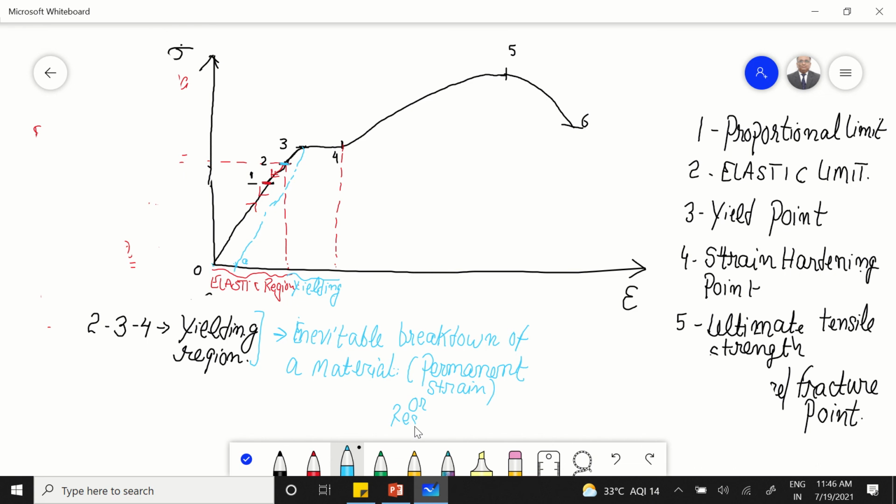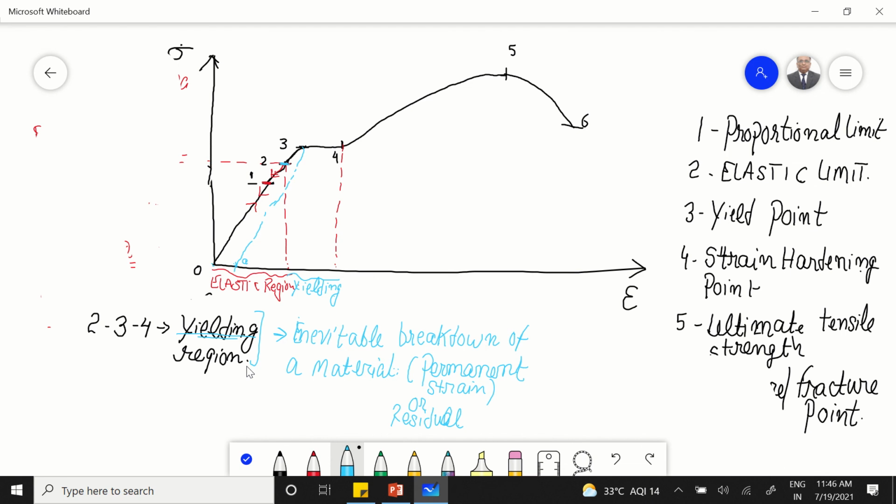So this is the onset of the permanent deformation of a material, and this onset we call yielding. We can say the specimen has yielded, or more simply, the specimen has entered the plastic deformation stage. Now what is plastic deformation? Plastic deformation is an irreversible deformation, which means when you unload the specimen, it will not follow the original loaded path.